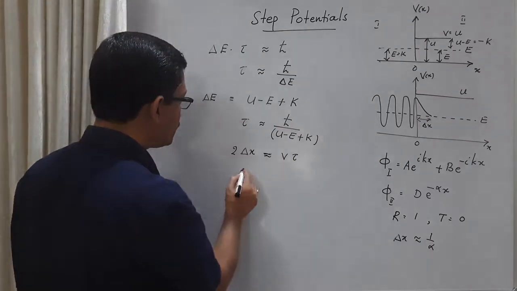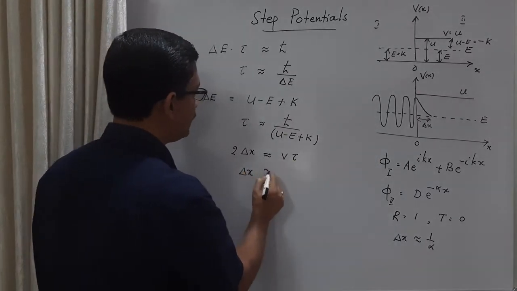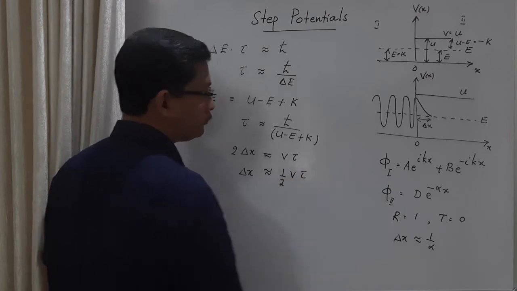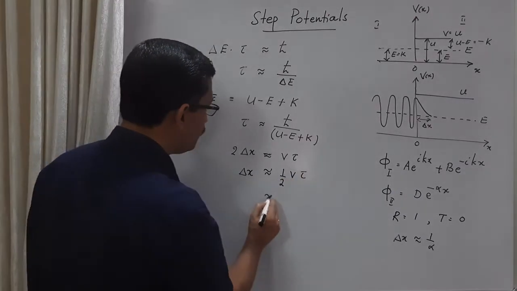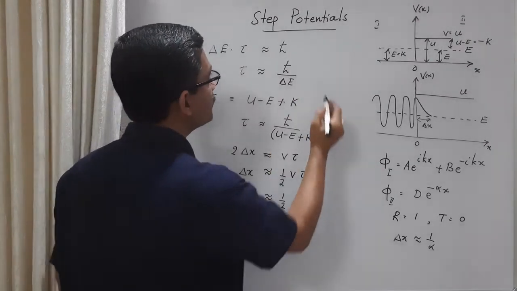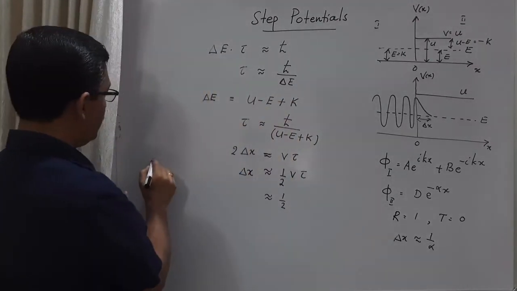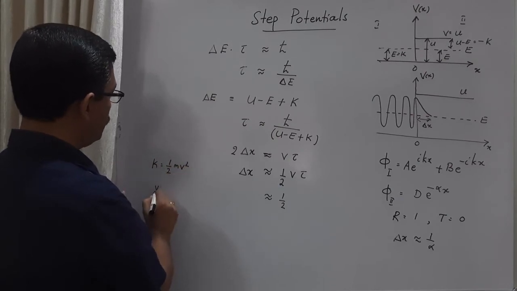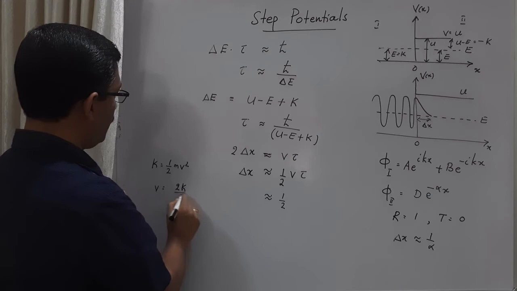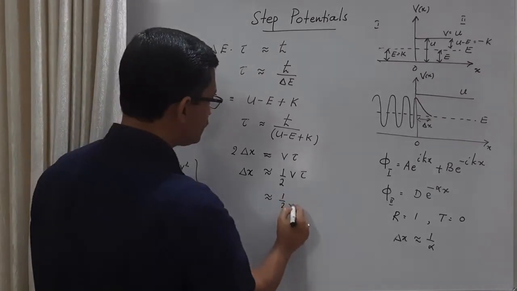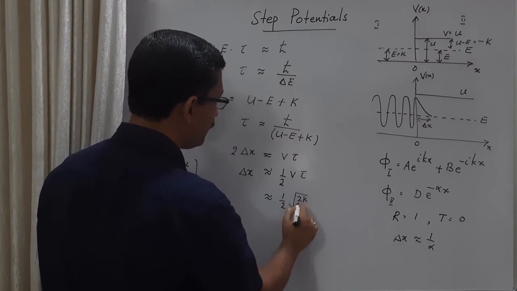Okay, so then let us try to get an expression for delta x. Delta x is half v into tau. Let us substitute. What is v? The kinetic energy of the particle is k, so kinetic energy is equal to half mv square, so velocity is square root of 2k by m. Instead of v I can substitute square root of 2k by m.